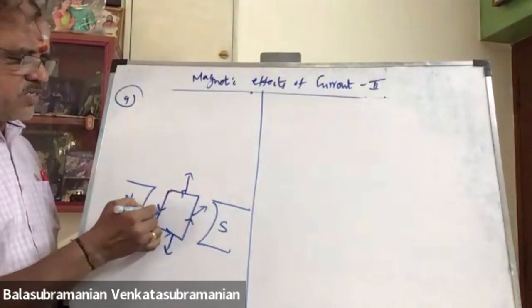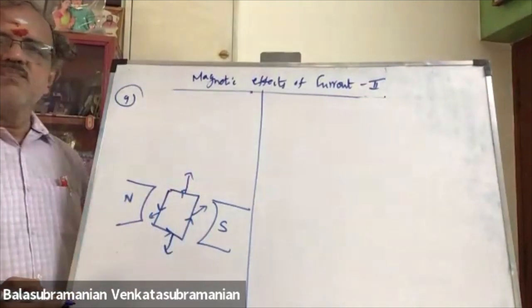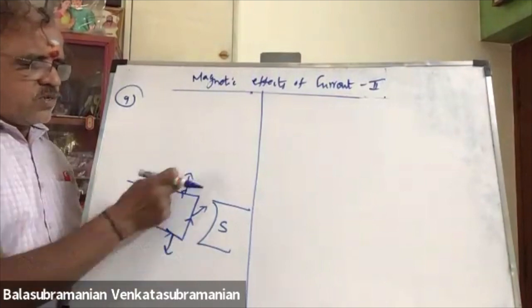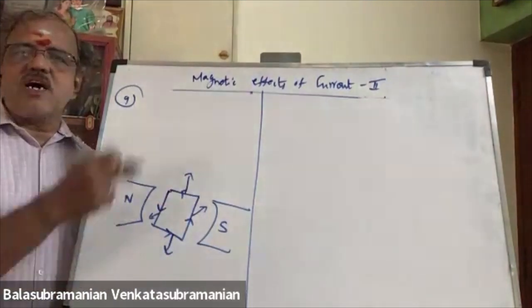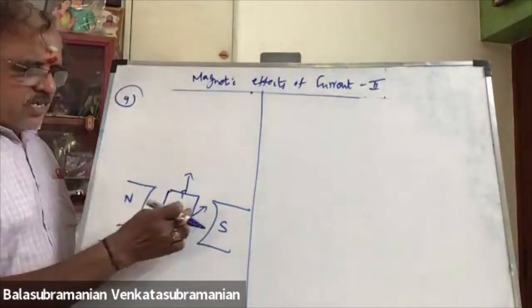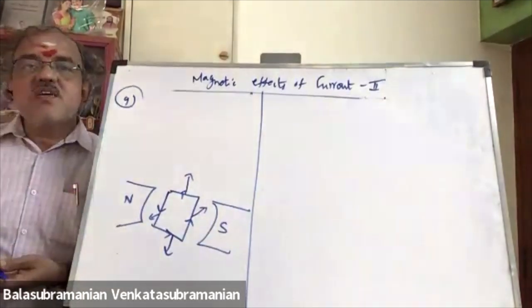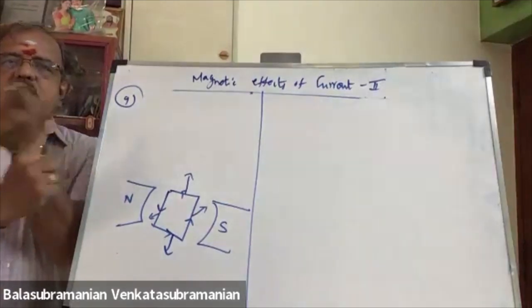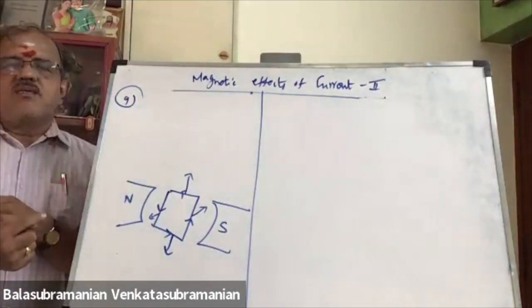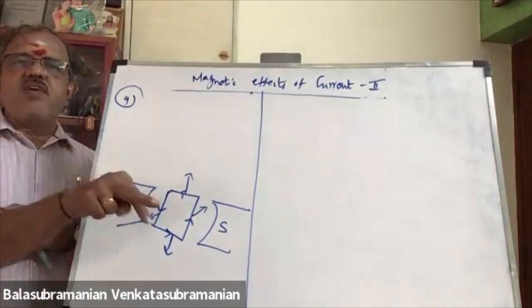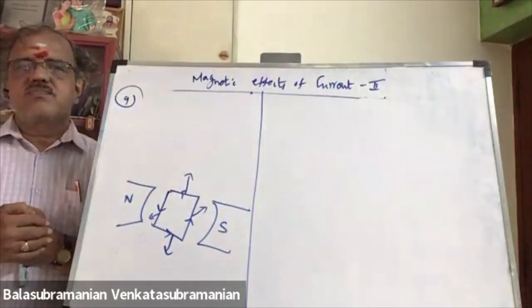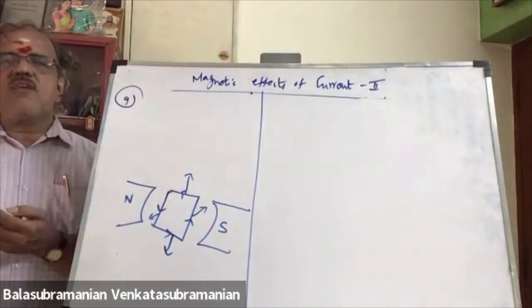We are assuming this to be 4 conductors. These two forces, magnitude is same, direction opposite, cancel. These two magnitude is same, but line of action is different. So it will try to rotate the coil. That rotating force only we call torque. That torque only we have to calculate.